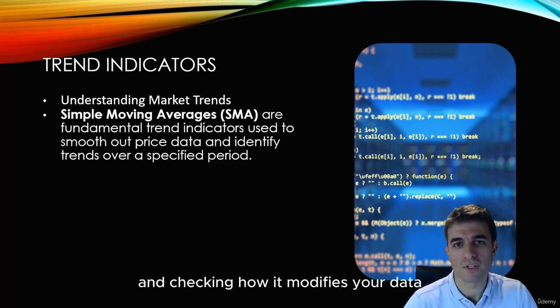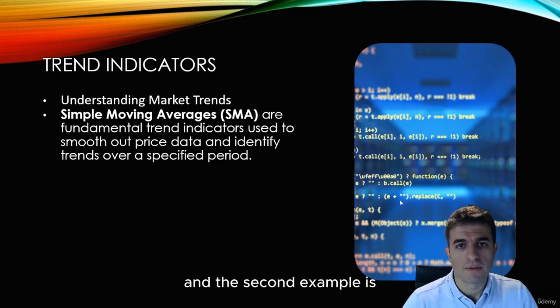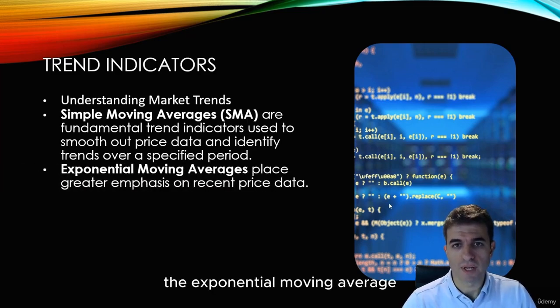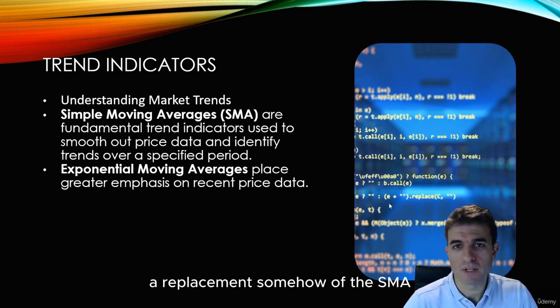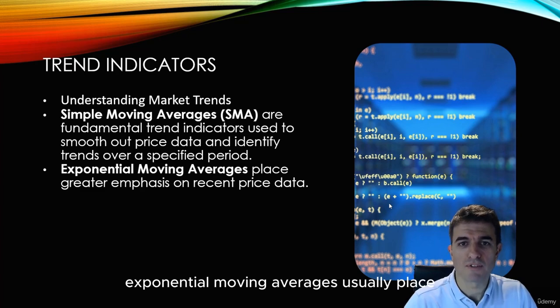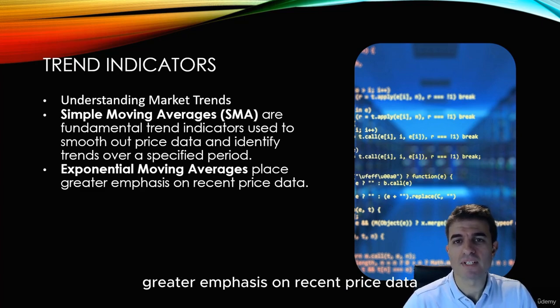The second example is the exponential moving average, which is somehow a replacement of the SMA, or a different version of it. Exponential moving averages place greater emphasis on recent price data.